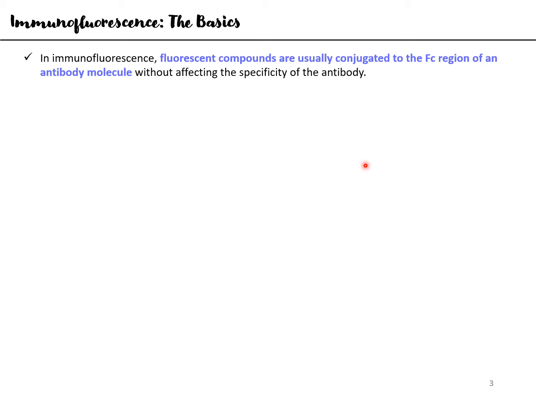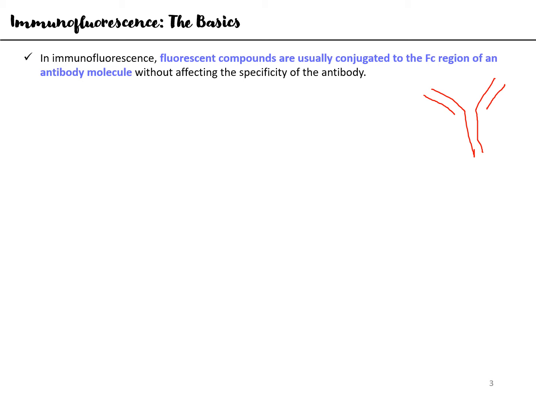So what do I mean by the Fc region? If you think of an antibody molecule, it has two heavy chains and two light chains. How does an antibody typically look? It has the heavy chains like this, and then there are the light chains over here. So essentially a Y shape.